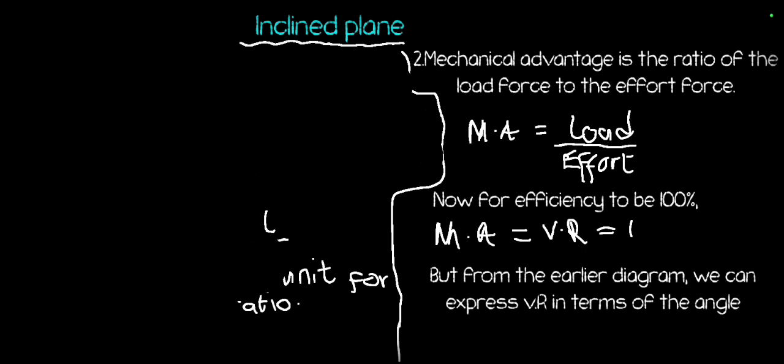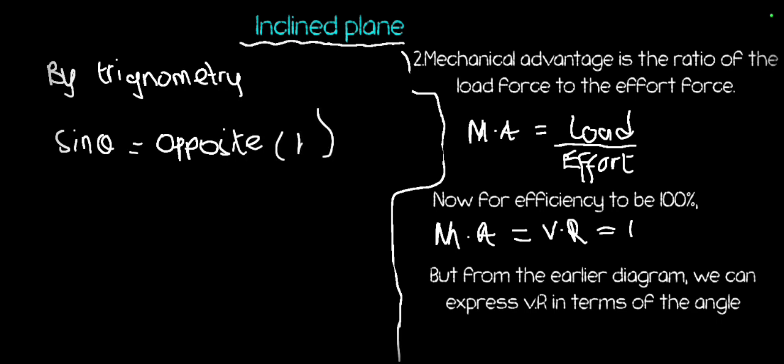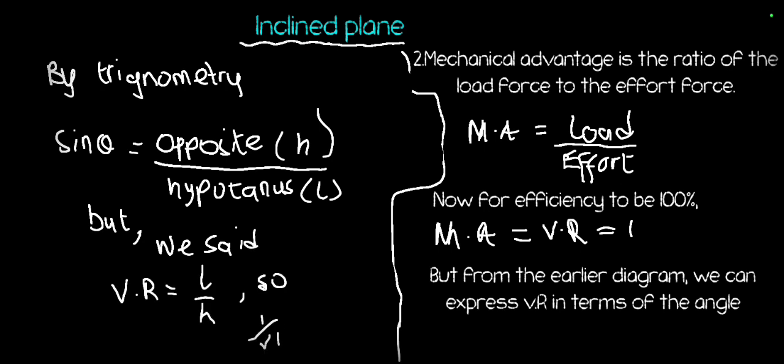But from the earlier diagram, you can express velocity ratio in terms of the angle. By trigonometry, you know the sine ratio. Sine theta is opposite over hypotenuse, and our opposite was the vertical height, which is H, and our hypotenuse is the length of the surface, which is L. But we said that velocity ratio is equal to length over height.